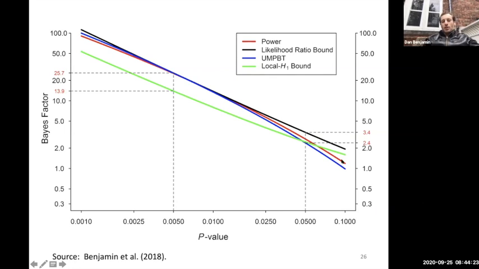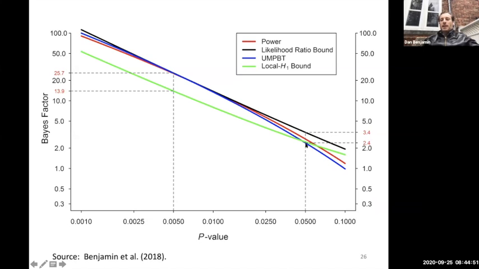But I want to highlight that this is also for two-sided tests, which is why the number, instead of being 3.9 for the black line, comes out to be 3.4. And what I want to highlight is, for a p-value of 0.05, pretty much no matter which way you calculate this kind of upper bound, you're getting a number in the range of 2.4 to 3.4, so about 3.